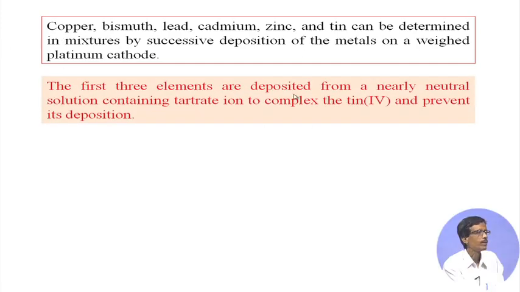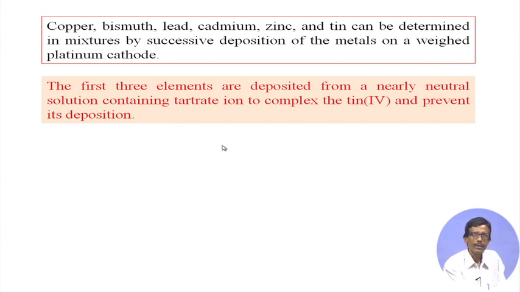The first three elements are deposited from a nearly neutral solution, and you only vary the potential. When you have a coordinating or binding anionic species, such as the tartrate ion, that complexes with tin 2 or tin 4, it prevents its deposition. So, tin will remain in the solution, and all the other elements can be deposited in this fashion.